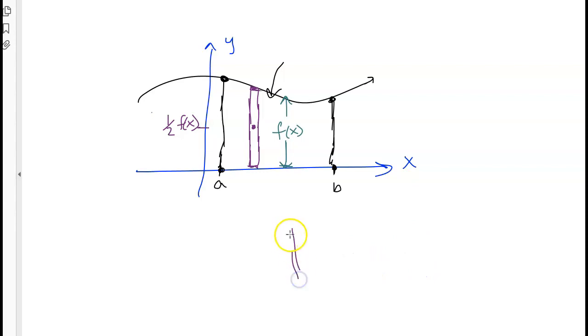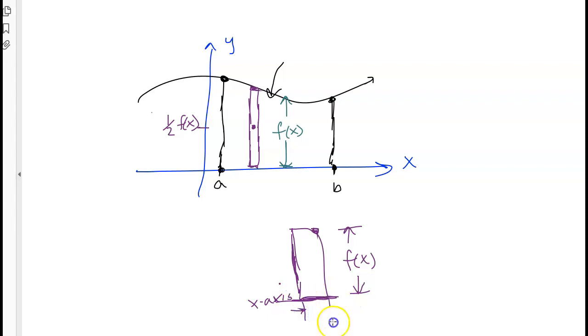Now, again, we're trying to characterize this strip, and we know that this strip would have a length here of f of x, if what we're talking about down here is the x-axis. The width of the strip would just be the change in x values, so it would normally be delta x, but as delta x approaches 0, that's actually going to be the differential dx.